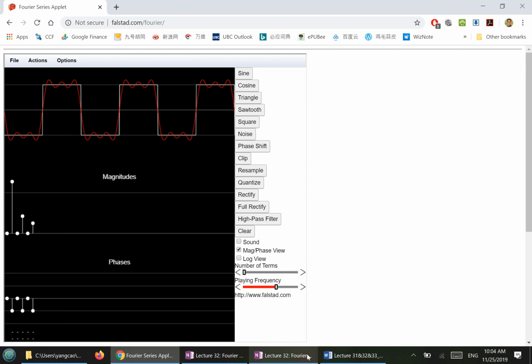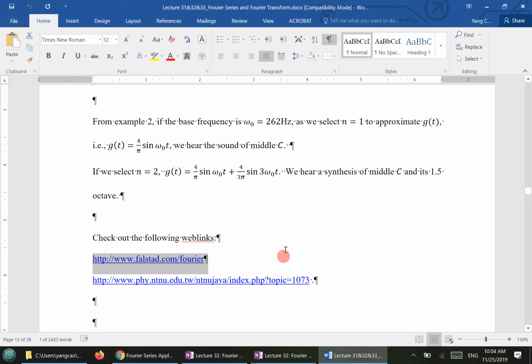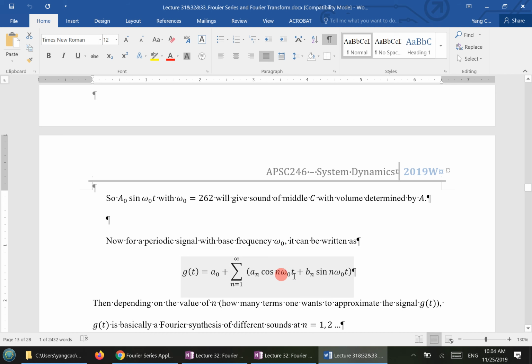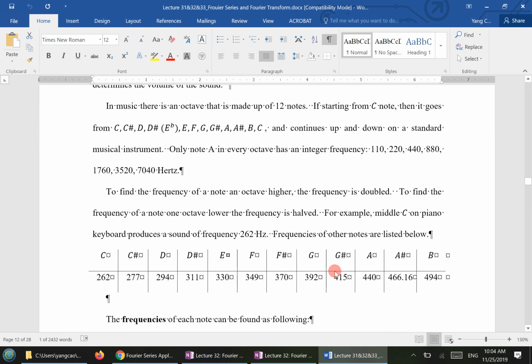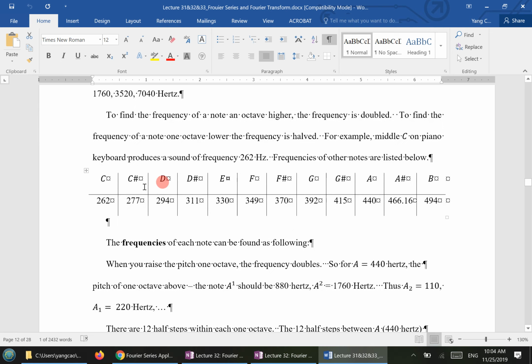Because if you notice what the Fourier series is all about, it's basically a composition of different frequencies, right? Each frequency, in theory, is a sound. You can play it out. And if you play piano, you have these different notes here. This is basically the frequency associated with each one of the notes.